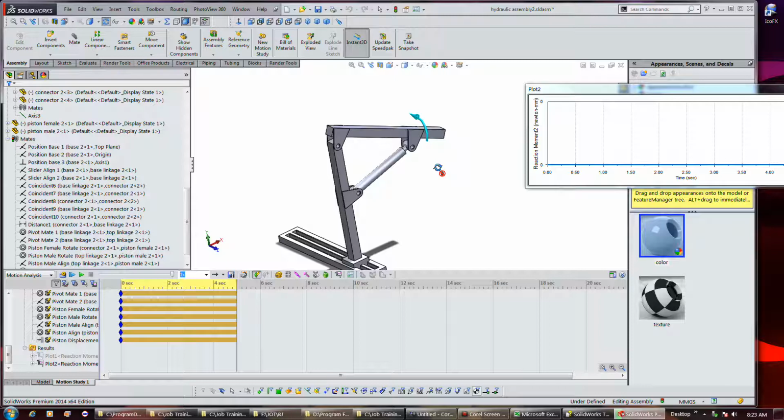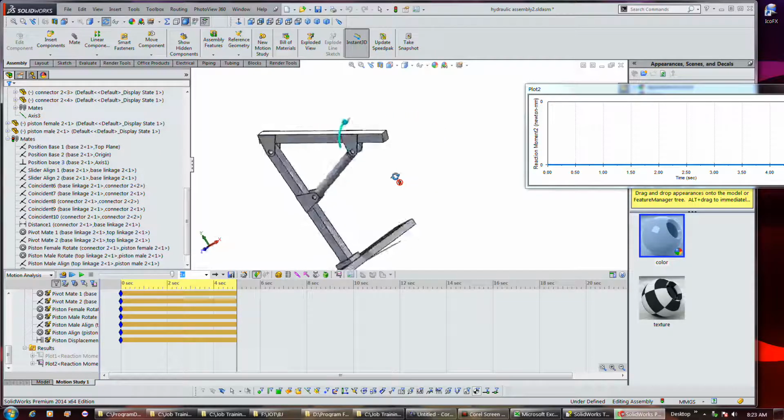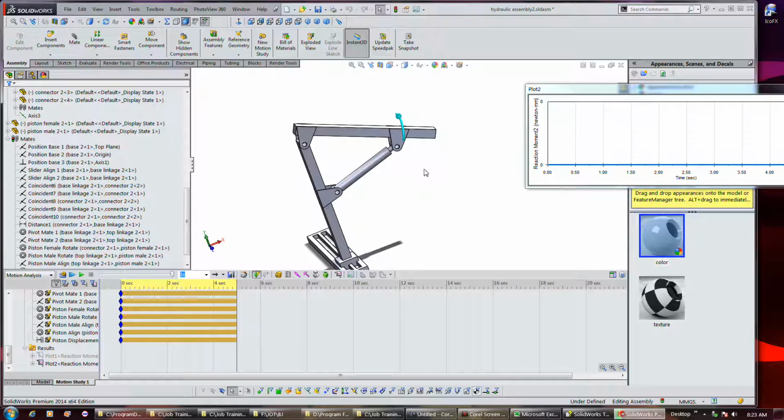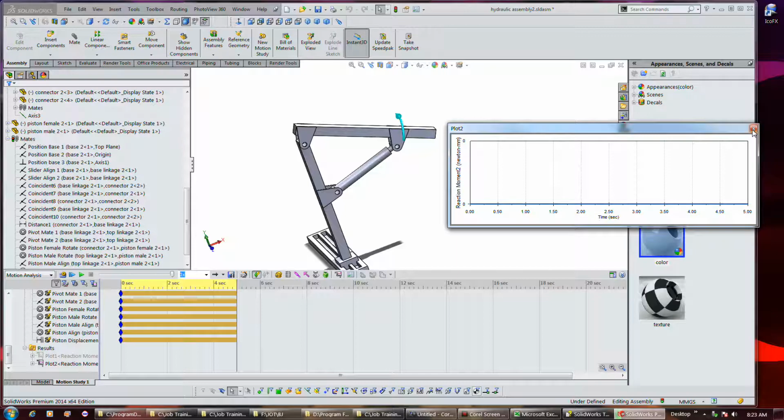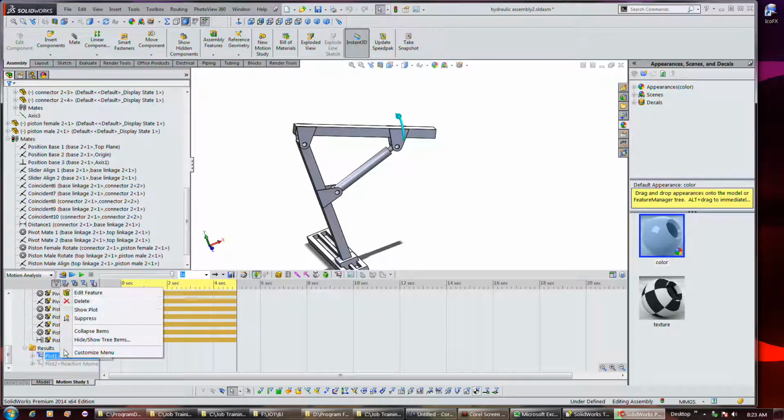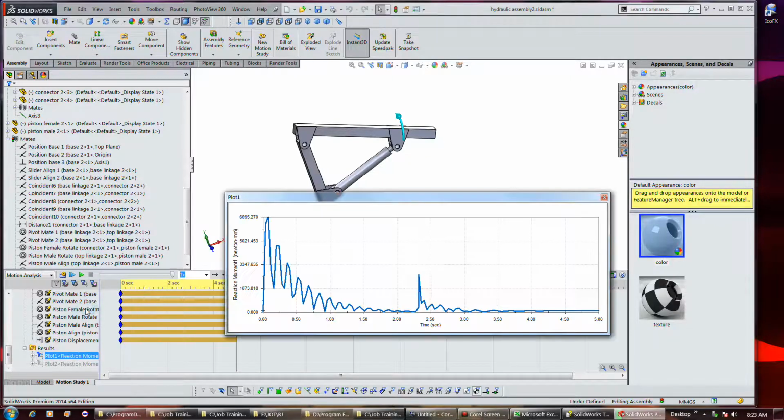Huh. Strange. Why would there be a vector like that? Anyway, this one's messed up right here. I don't know why. But anyway, let's see this one.